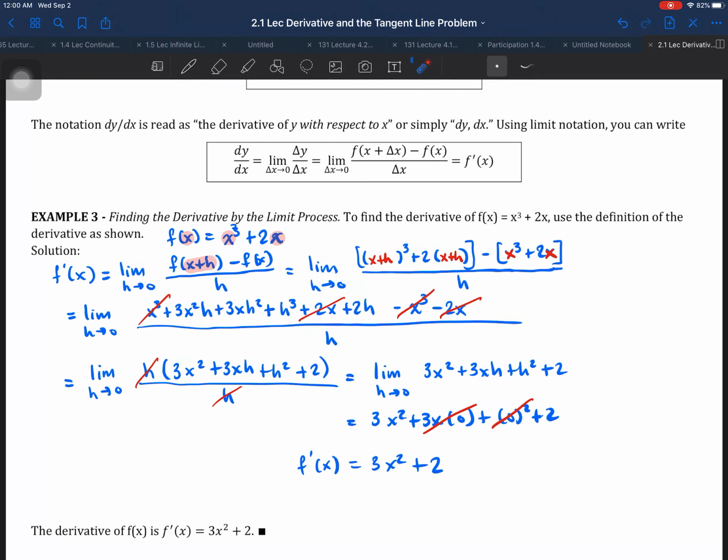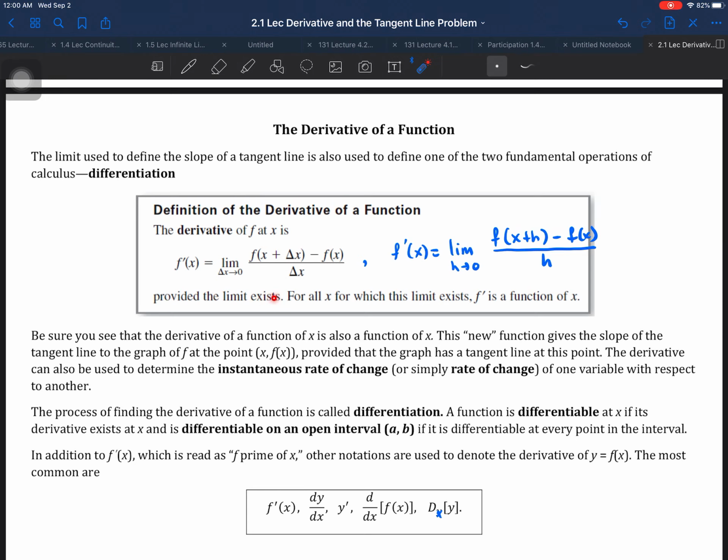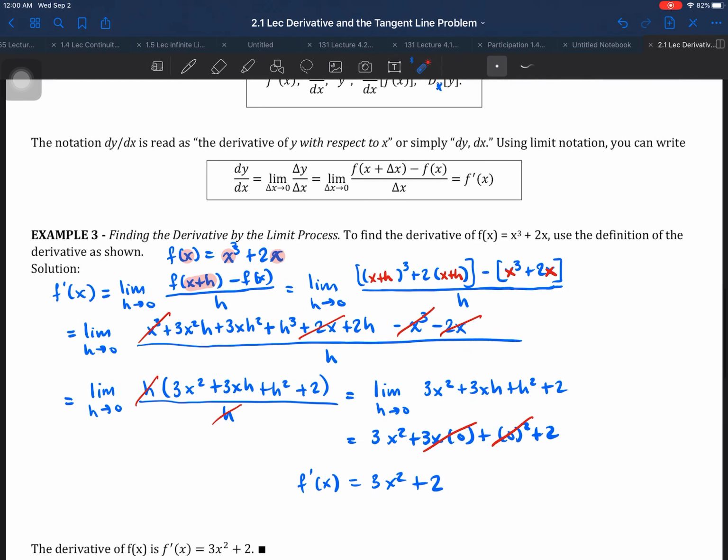You must be able to show me that you know how to apply this derivative definition. This is the derivative definition right here, this formula, and you can use it this way or that way. I really don't mind which one you use. I will tend to use a lot of the h though.